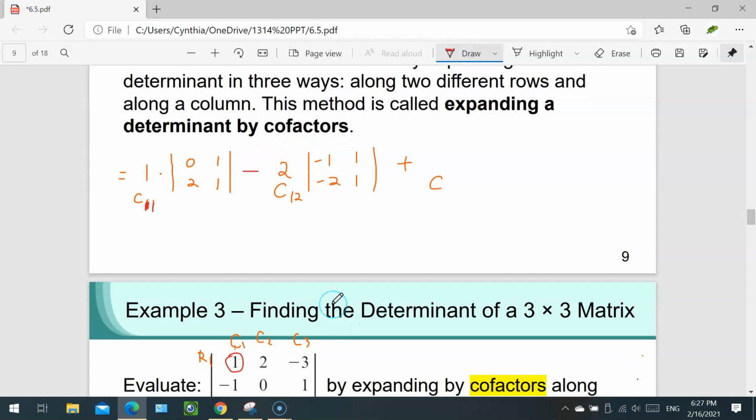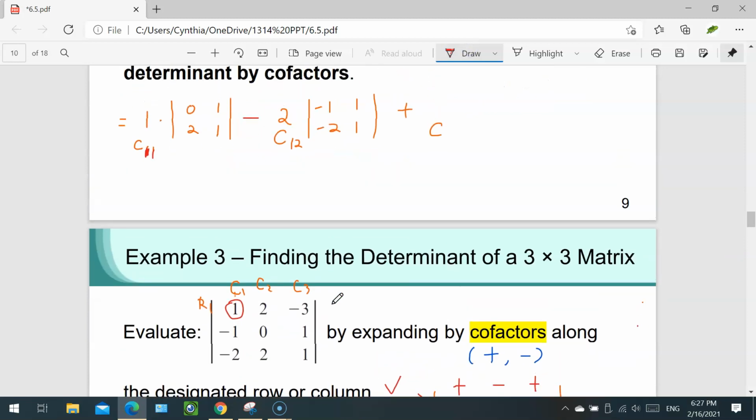And then I put the element 2 into it. And then same way, I draw the vertical line, I draw the horizontal line to intersect at number 2. Now this remaining 4, they will turn to the minor. It's negative 1, 1, negative 2, and a 1.